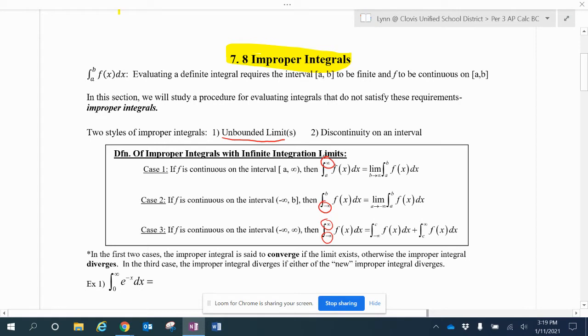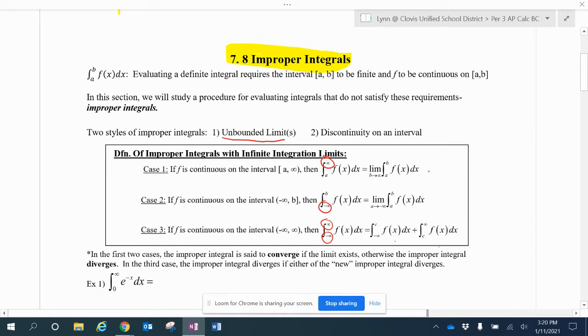And we can't just integrate it and plug in infinity and plug in a. That's not something we can do. We have to rewrite it as a limit. So we have to take that infinite value out of either the upper or the lower, and then rewrite it as the upper limit approaching infinity or the lower limit approaching infinity, or split it into two different functions and then do the same thing again.